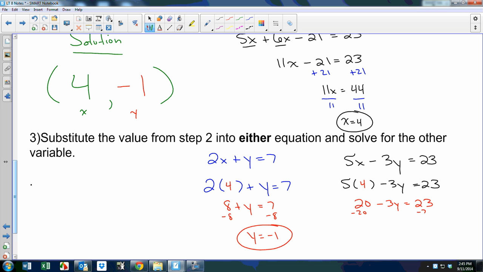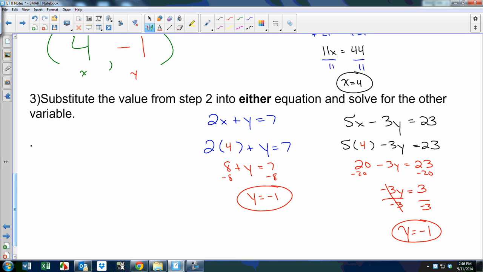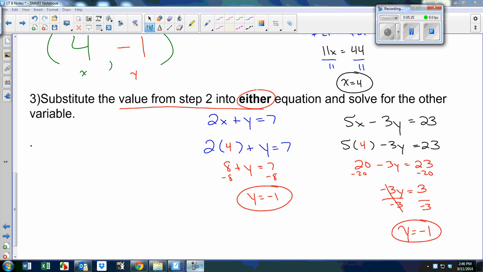Subtract the 20 from both sides, and negative 3y equals, let's see, 23 minus 20 would be 3. Divide by negative 3, and our y value becomes 3 divided by negative 3, negative 1 there as well. Further proving you could have substituted the value from step 2 into either equation, and it would have given you y equals negative 1. So that's substitution for one problem.